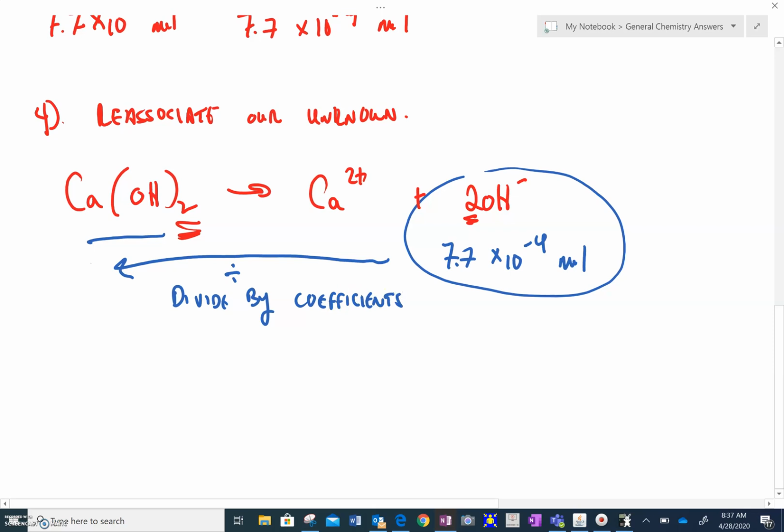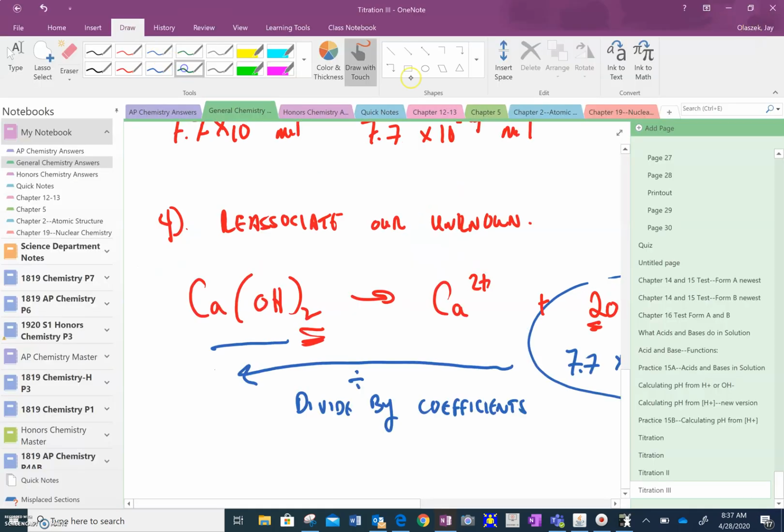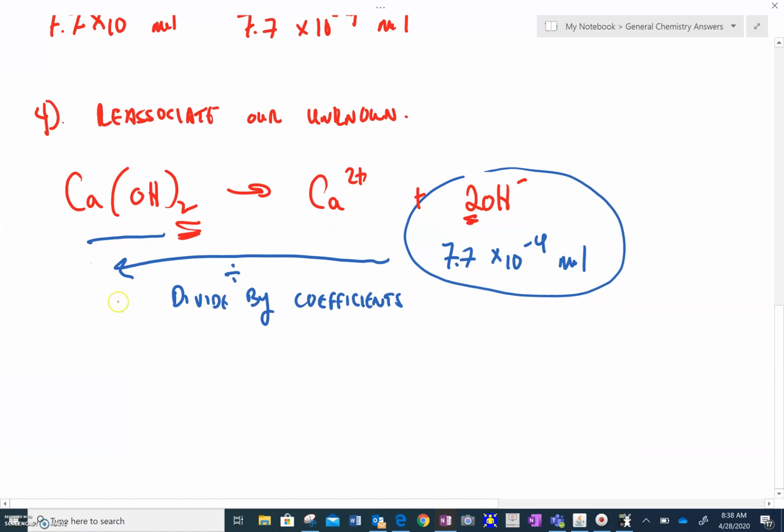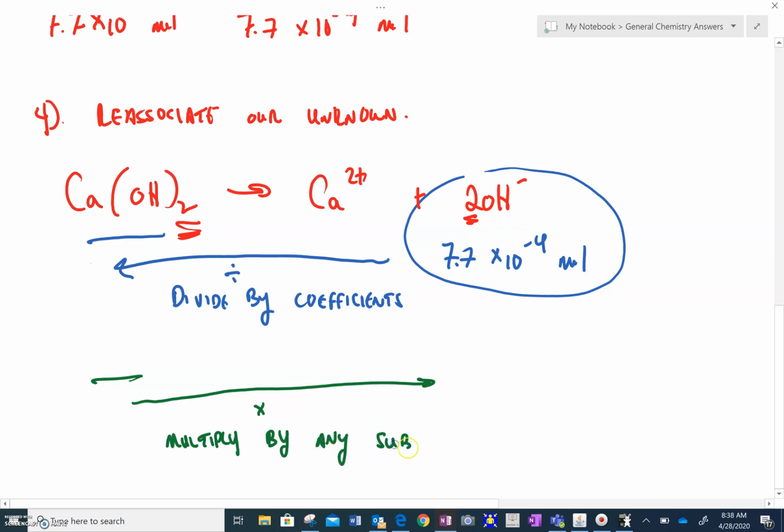If we were doing it the other way, if we were going, say, from the reactant side to the products, we would multiply by any subscripts. Okay, well, we're not going this way. We're not going from reactants to products. We're going from products to reactants. So I'm going to erase this.